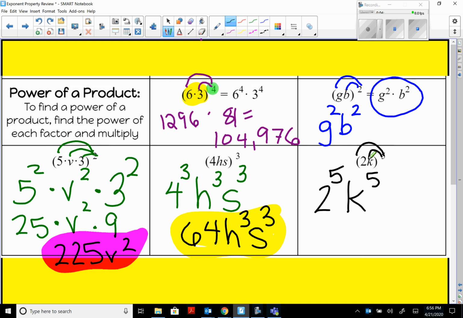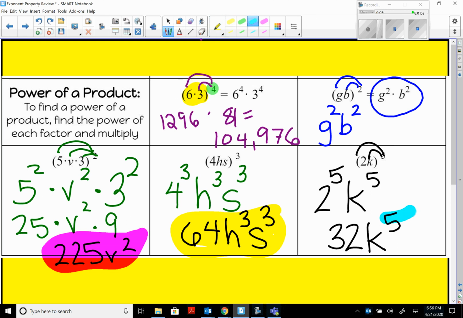So now let's look at our answer and see if there's anything else we can do. There is. We can go ahead and simplify 2 to the 5th power. And 2 to the 5th power is 32. So my final answer would be 32 times k to the 5th power.